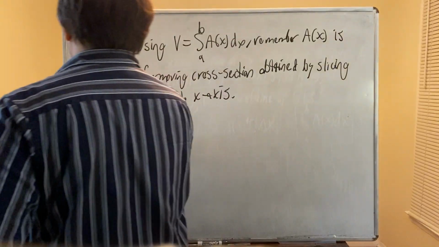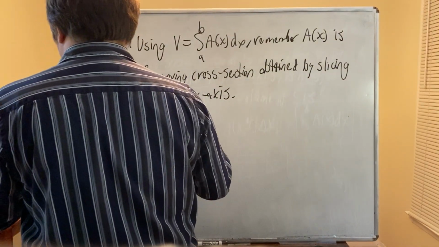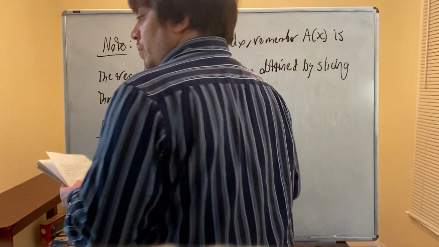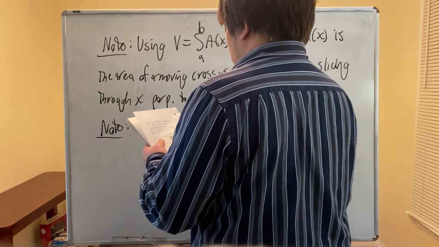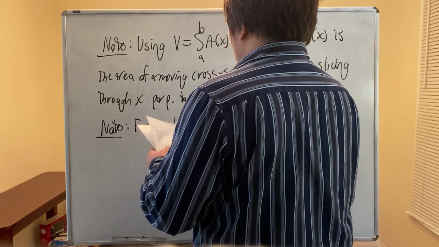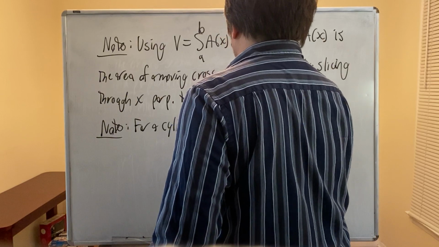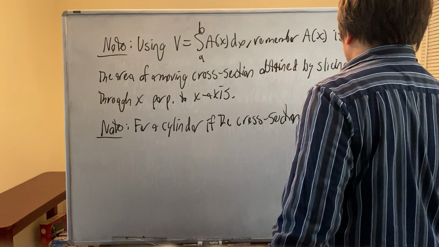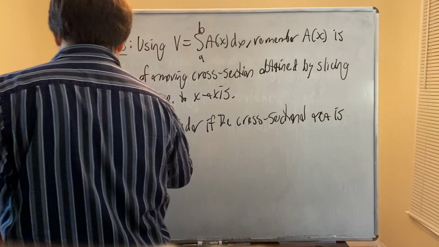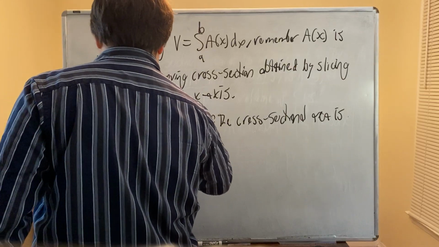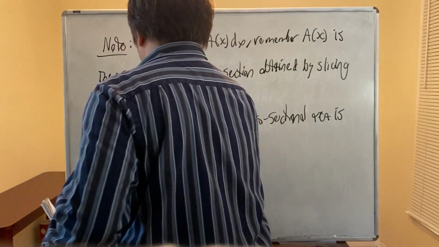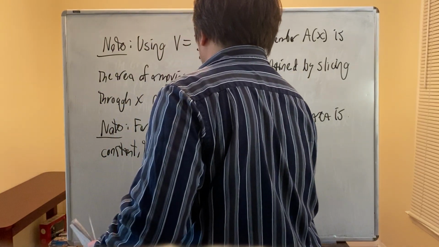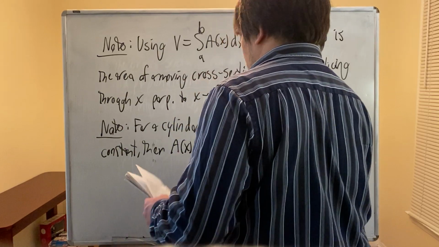Okay, a note. For a cylinder, if the cross-sectional area is constant, then capital A of x is equal to capital A for all x.